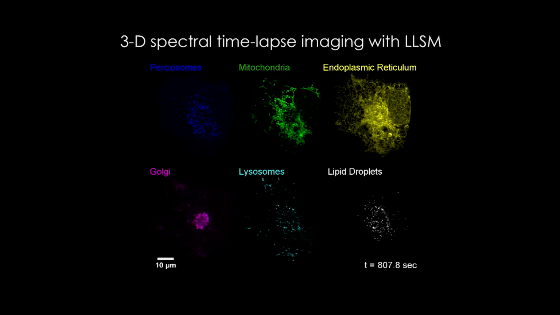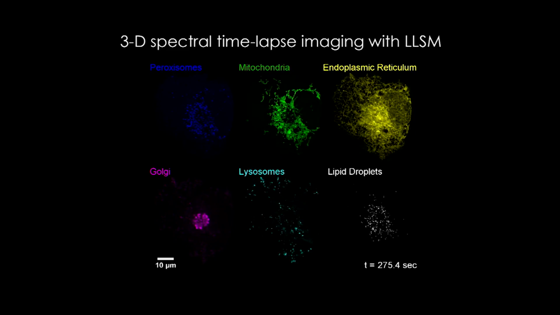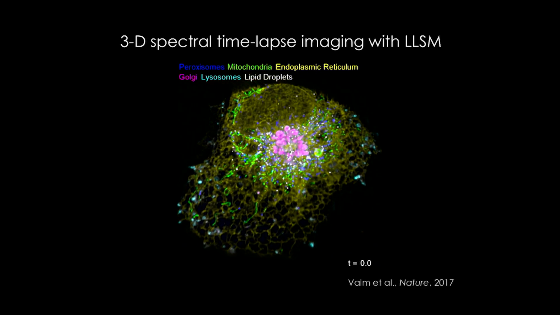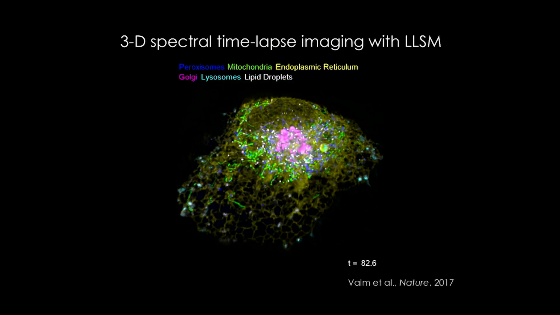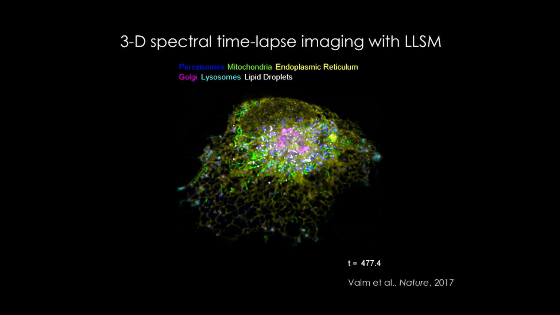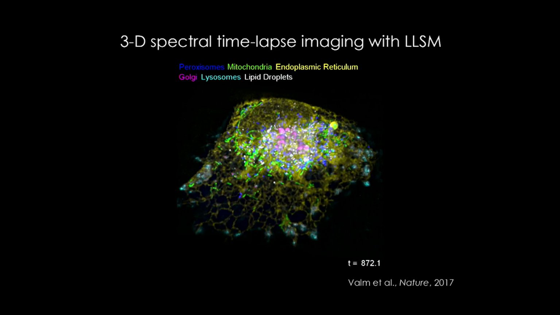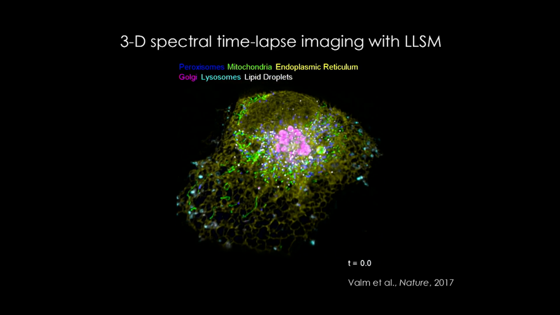And this is what you can see in the case of these 6 different organelles that we've introduced fluorescent tags for. Now, this is in a single cell, so we can superimpose all of these signals on top of each other to simultaneously see in a 3-dimensional space, because we're using that lattice light sheet to move through the whole volume of the cell, how all of these organelles are distributed.